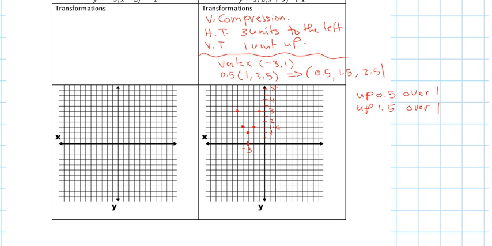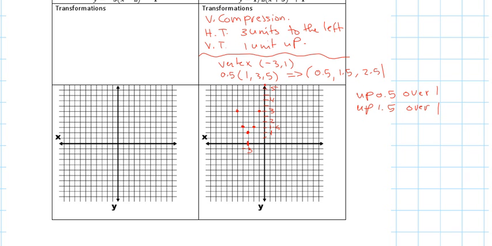My next step is I need to go up 2.5. So where am I going to end up on the y value? I'm at 3, and I have to go up 2.5. Where am I going to end up? 5.5. Right? Because if I'm at 3, go up 2.5, 3 plus 2.5, that's 5.5. So I'm going to end up at 5.5, which is right here.